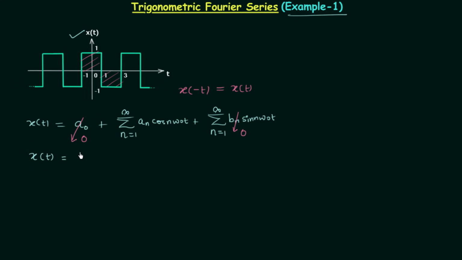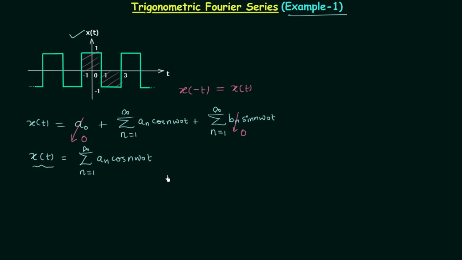x(t) is equal to summation n equal to 1 to infinity a sub n cos n omega naught t. So our main task is to calculate this coefficient a n. Once we have a n, we can substitute it in the expansion, and we will have the Fourier series expansion of signal x(t).